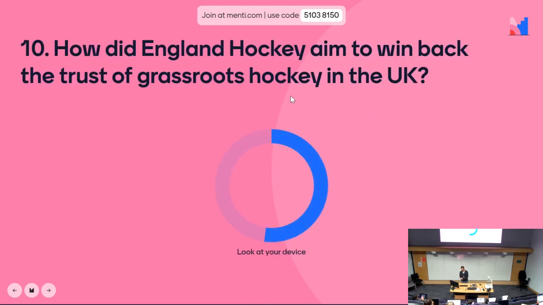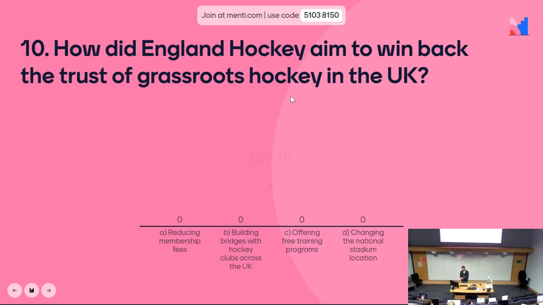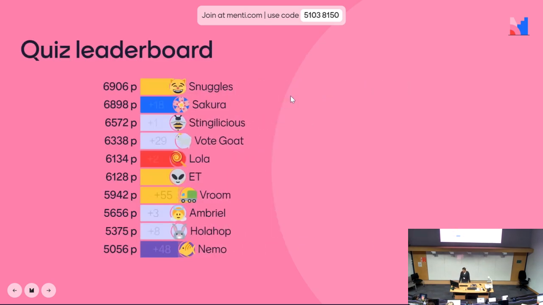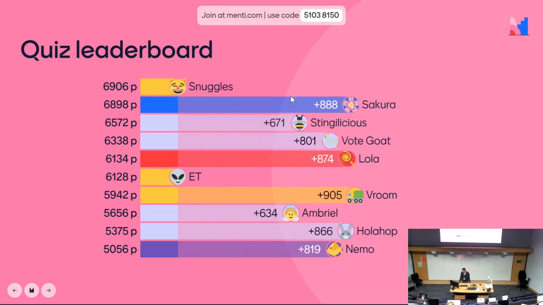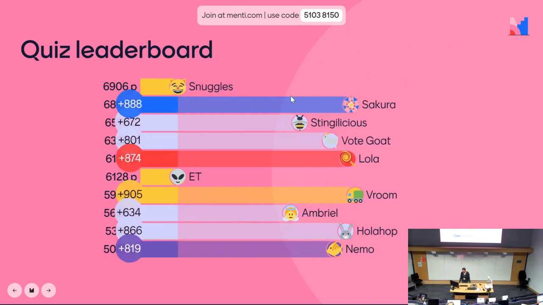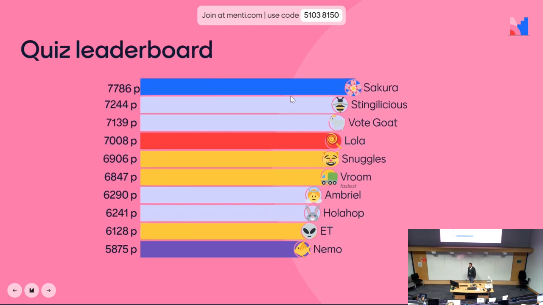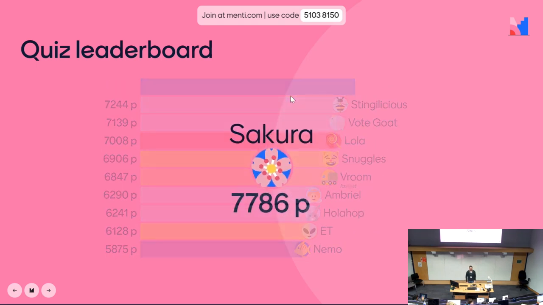How did England Hockey aim to win back the trust of grassroots hockey in the UK? Yeah, so building bridges with hockey clubs across the UK. Okay, and the winner was... Sakura? Yes.